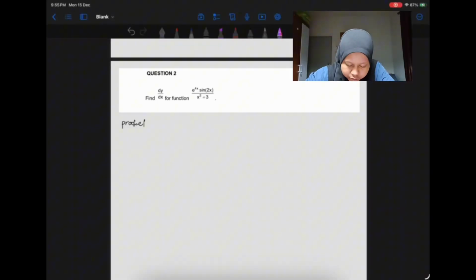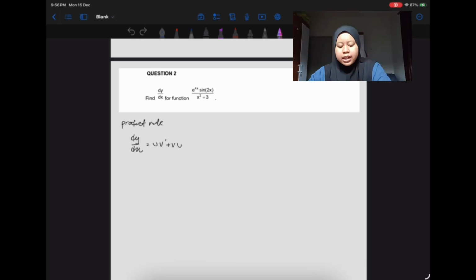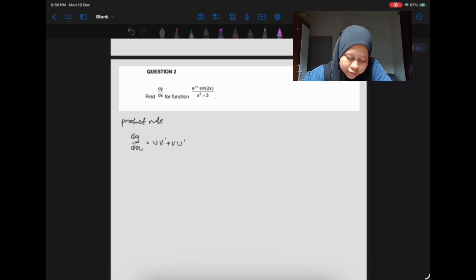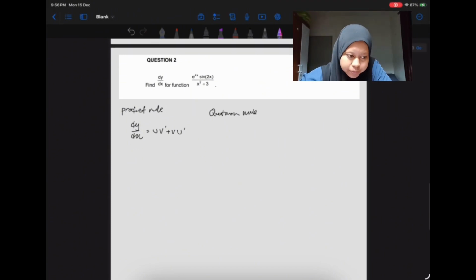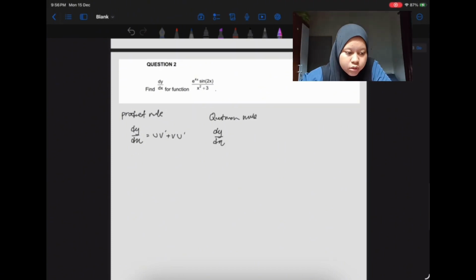We are going to use two rules, which are the product rule and the quotient rule. First, the product rule: dy/dx equals uv' + vu'. And the second, the quotient rule: dy/dx equals (vu' − uv') over v².